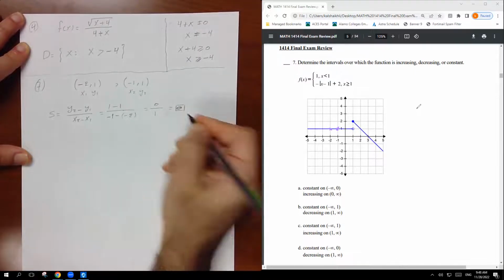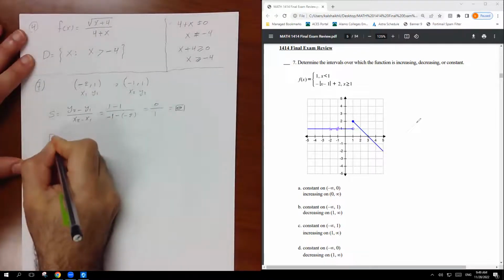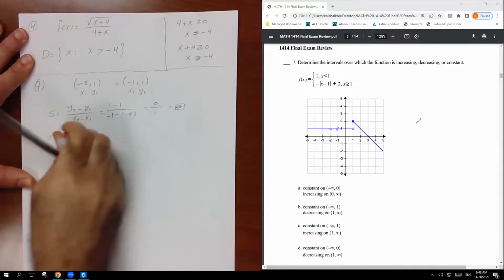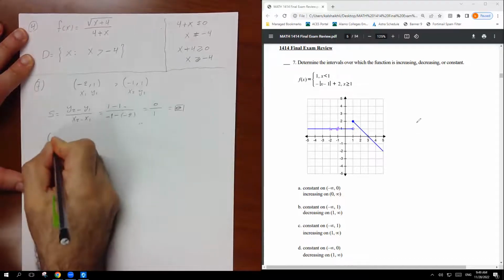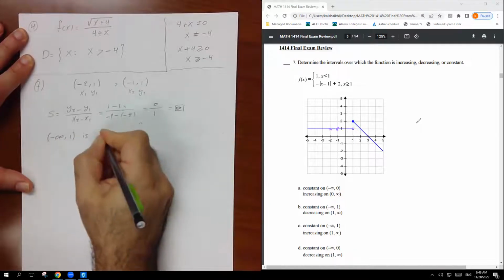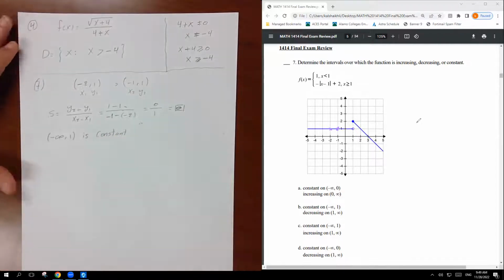That's why from negative infinity to 1 the function is constant.